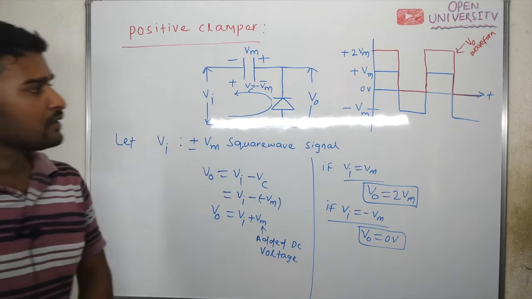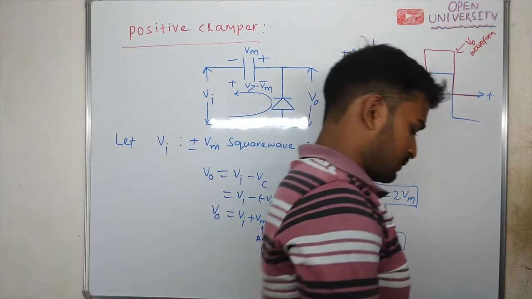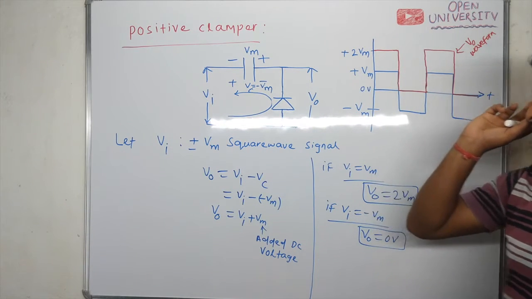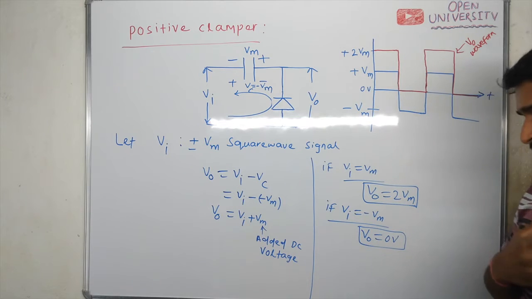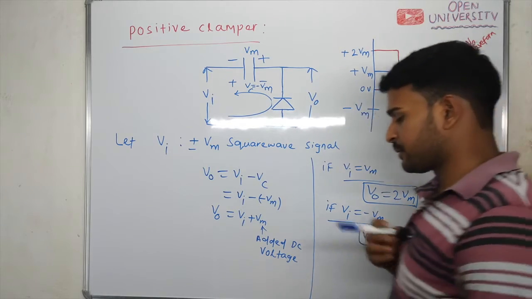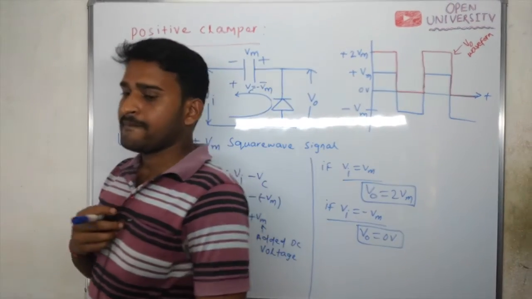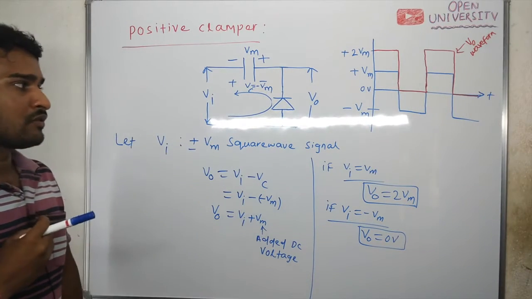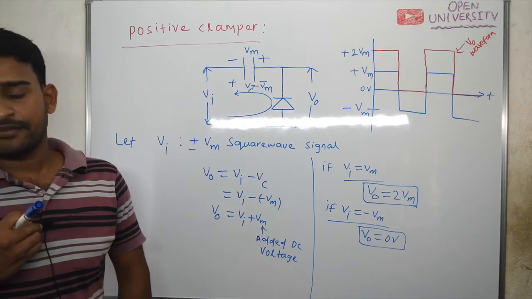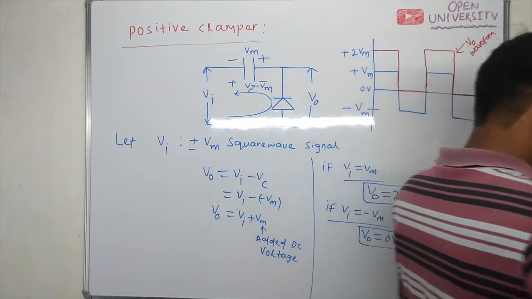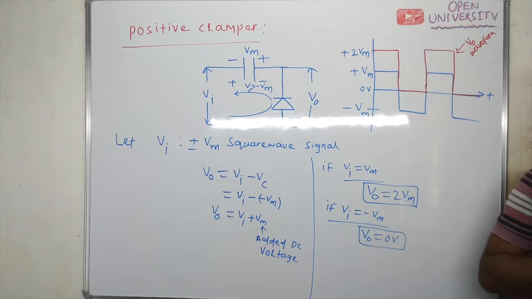Next point: during the positive half cycle, the diode becomes reverse biased, in brackets open circuit, and the capacitor cannot discharge.